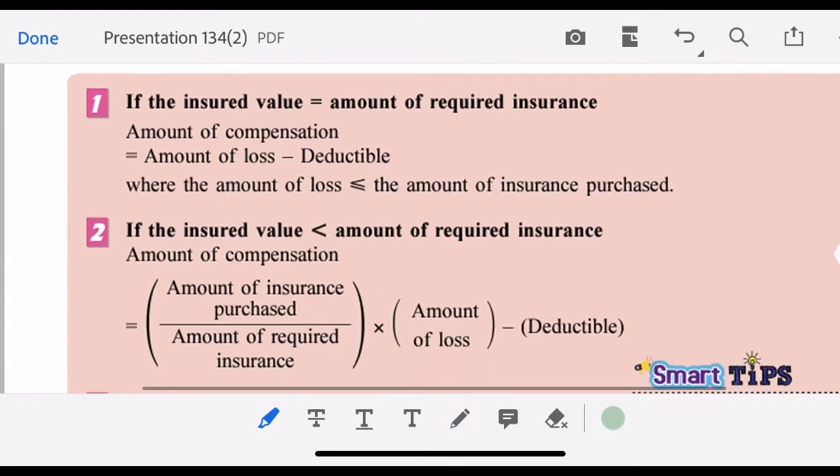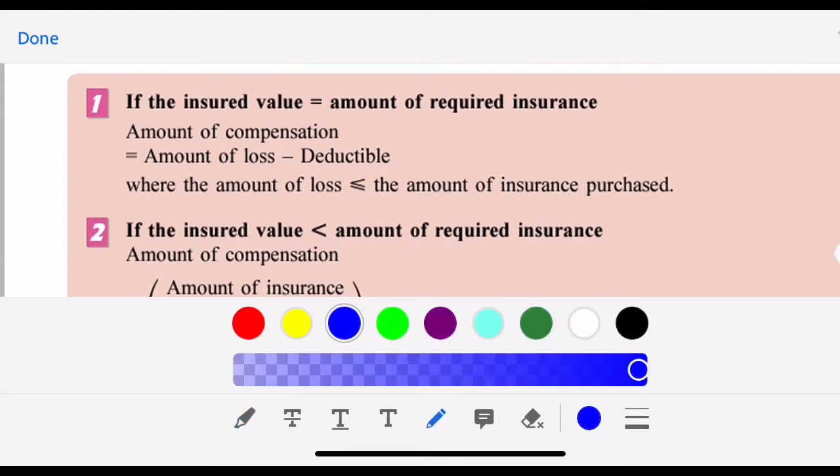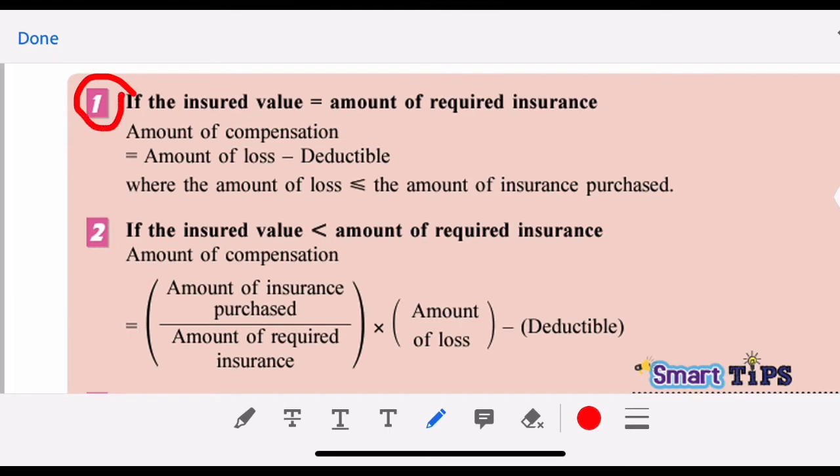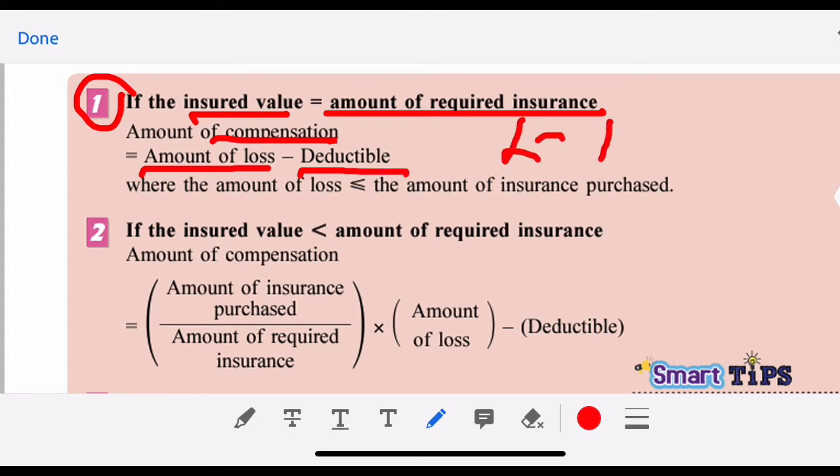So we have 3 cases here. If it is case 1, the insured value is equal to the amount of required insurance, then the amount of compensation is just loss minus the deductible. Just the amount of loss minus the deductible if it is equal, right?